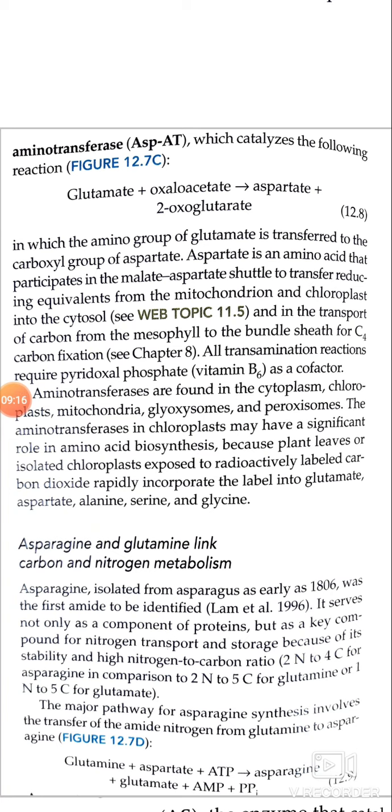Aspartate aminotransferase catalyzes the following reaction: glutamate plus oxaloacetate forms aspartate and 2-oxoglutarate, in which the amino group of glutamate is transferred to the carboxyl group of oxaloacetate.